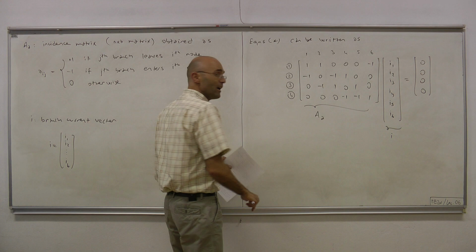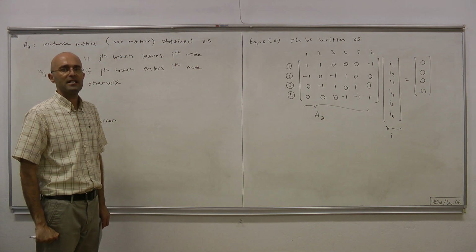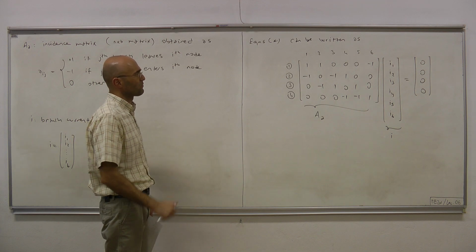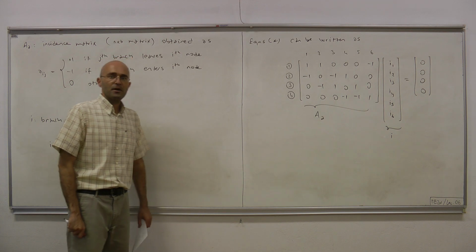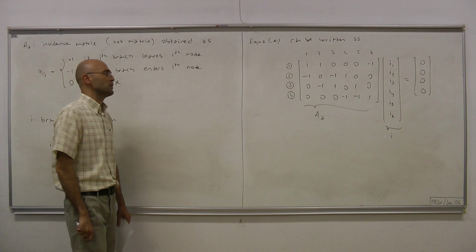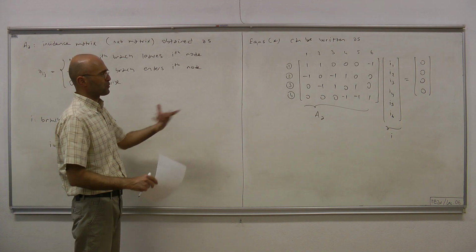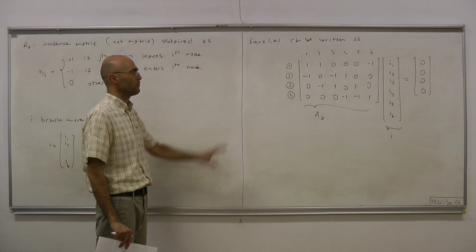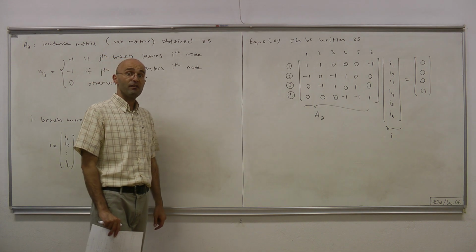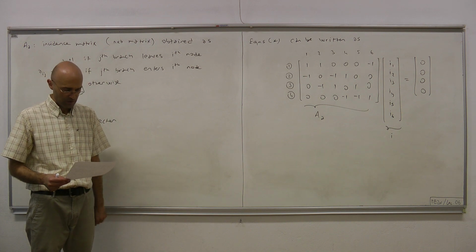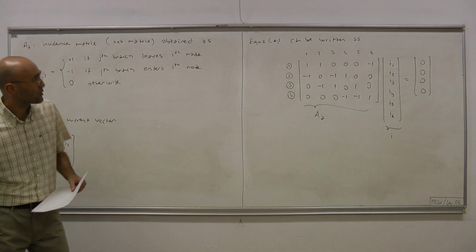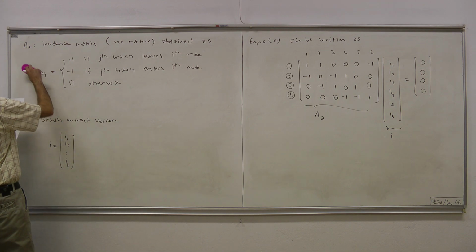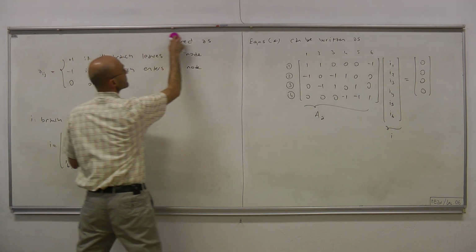For that, let's remember linear dependence or linear independence, and then we can express KCL in a little bit more economic way by redefining the incidence matrix. So let's remember what linear dependence was.